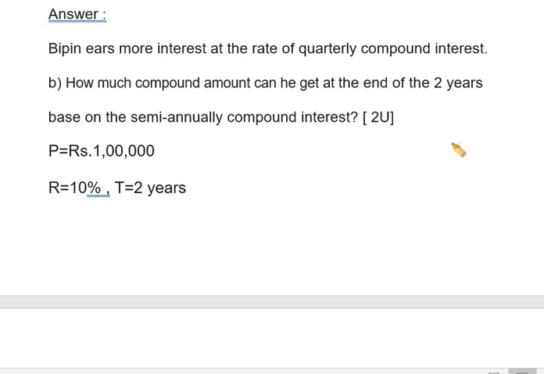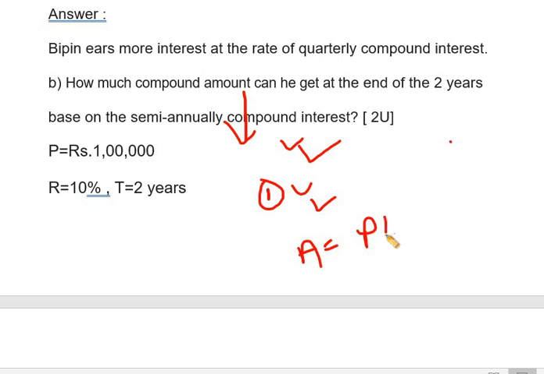Compound amount, not interest. Now it means there are two options. You can directly calculate the compound amount, or first calculate the compound interest and after that find the compound amount, A equal to P plus I. Both are the same.